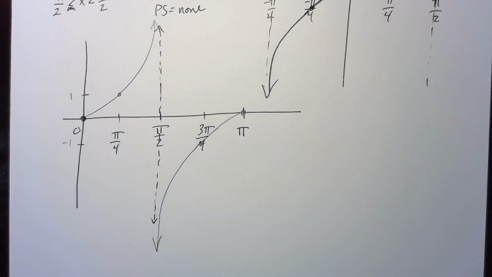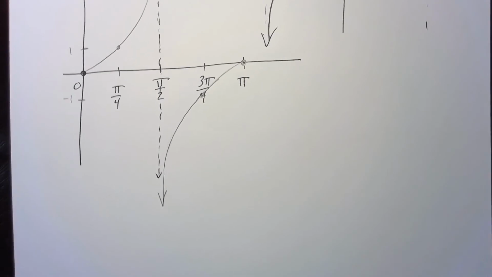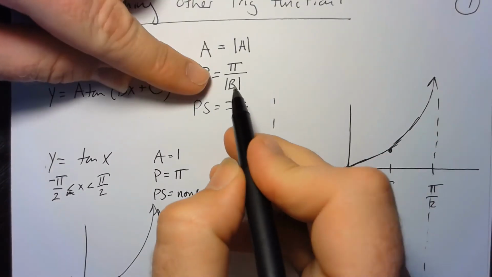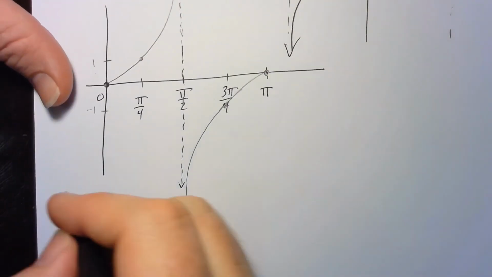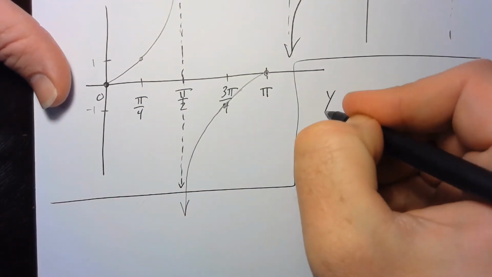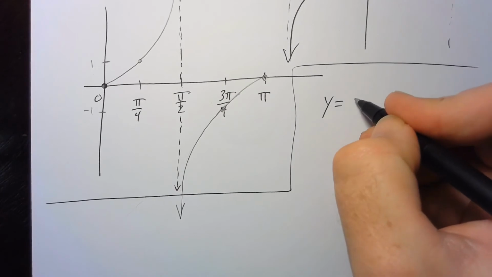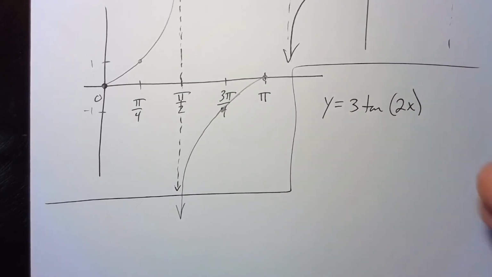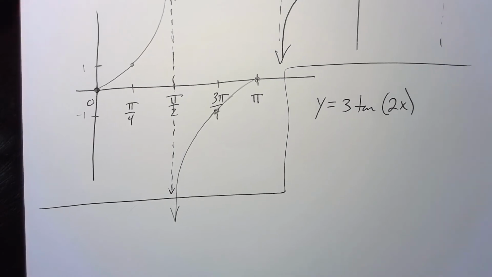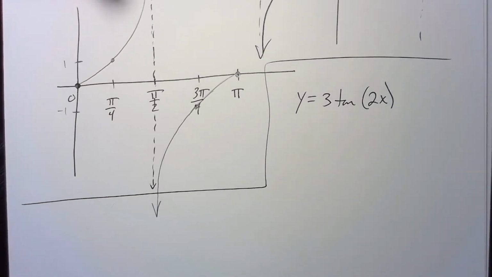So again, the rules don't change other than the fact that it's pi divided by b instead of 2 pi divided by b. So if we look at one more version of this graph, let's just say y equals 3 tangent of 2x. So very much similar to one of the cosine functions we did in the past, but now we're just looking at tangent.